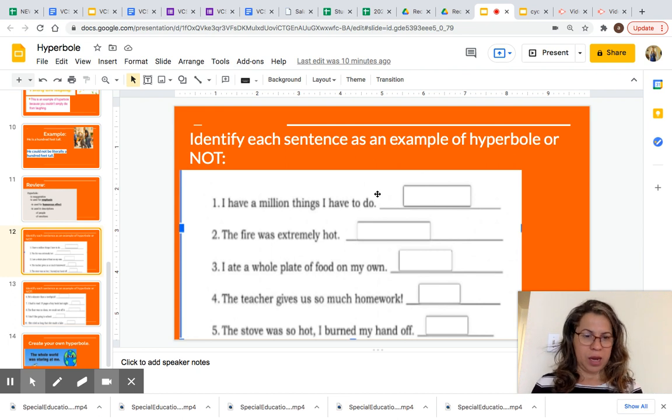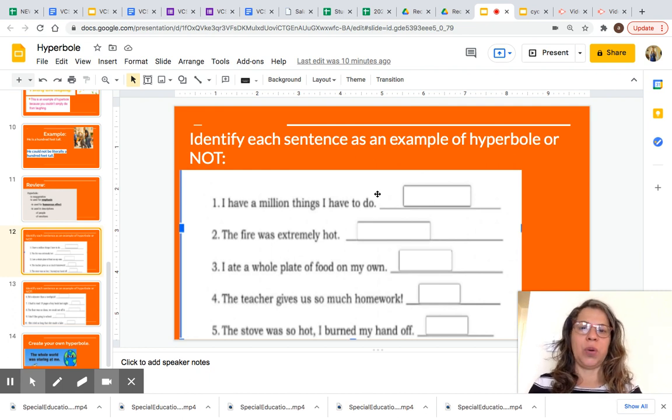Is this an example of hyperbole? You can say yes. If it's not, you can say no. Okay, let's get started. Remember, hyperbole is an exaggeration.